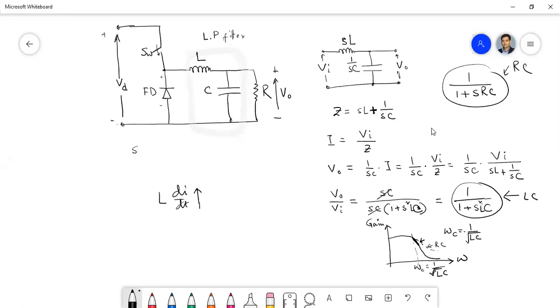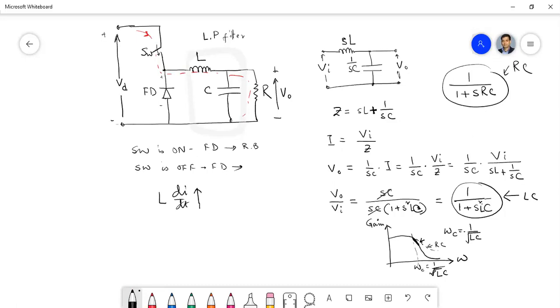So that means when the switch is on, the FD is reverse biased. There is no current through the freewheeling diode, and current is flowing through the inductor to the load. That is the normal path. But if you make the switch off, what about the freewheeling diode? Because you don't have the supply, it will be forward biased. Why will it be forward biased?